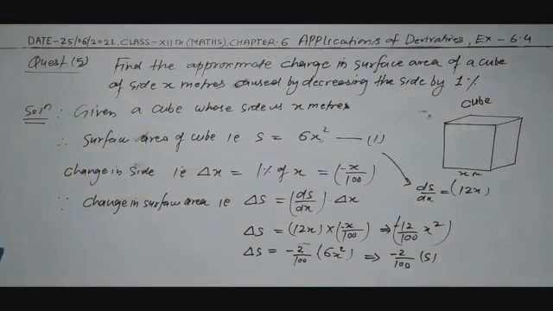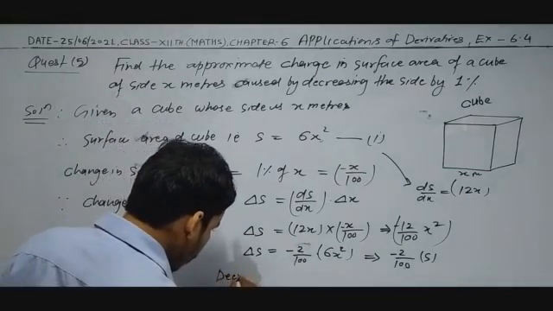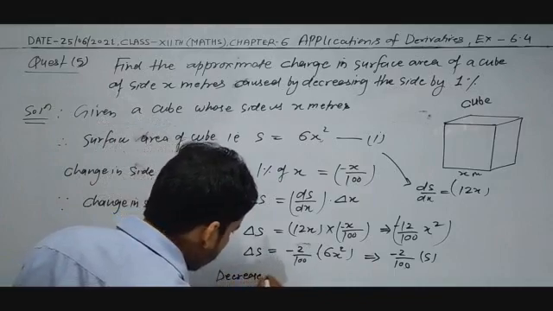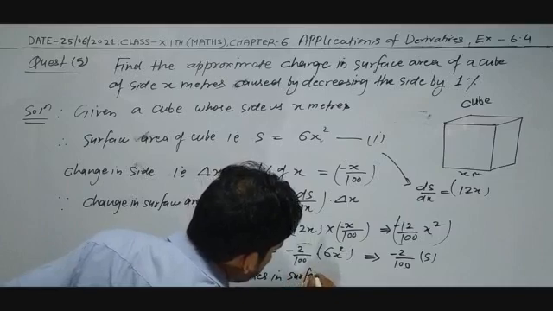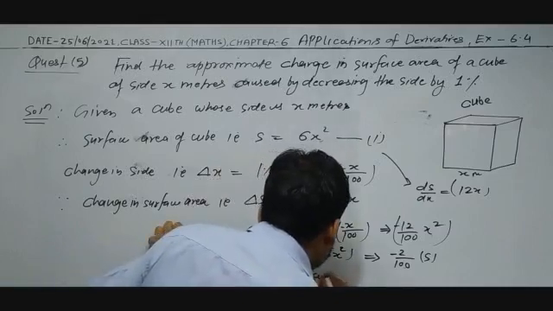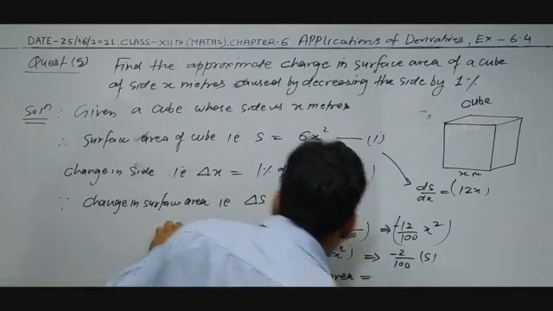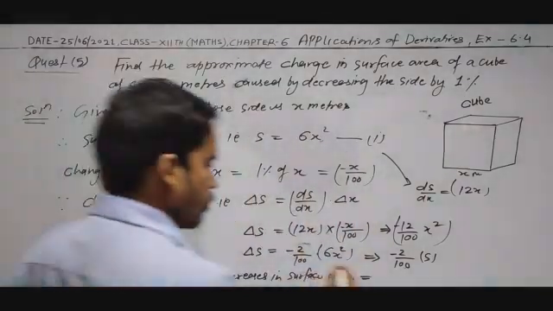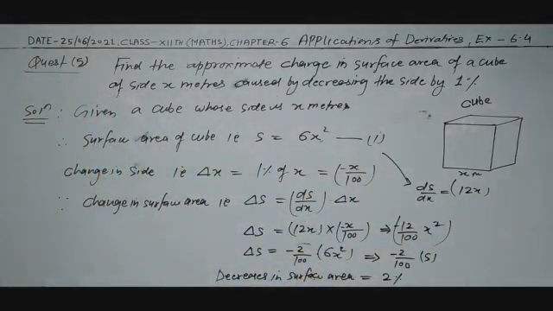So area is decreased by 2%. Decrease in surface area is equal to 2%. Now this is the answer.